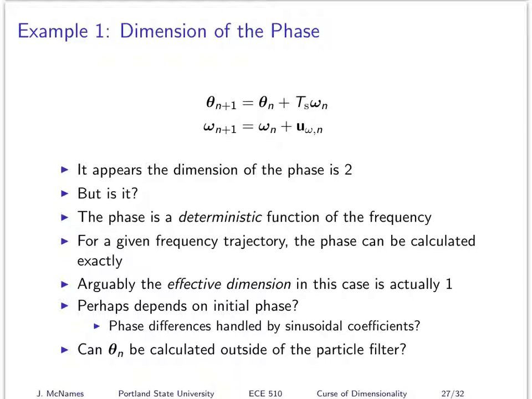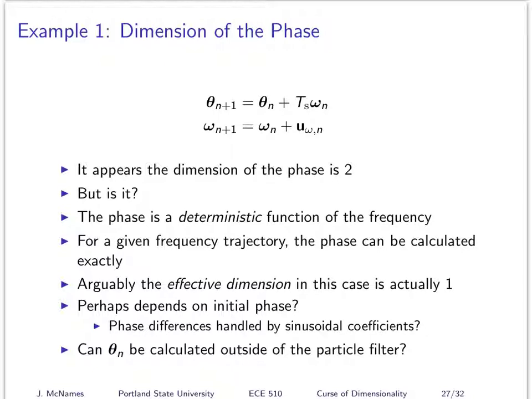I don't know if it's really necessary to estimate the phase as part of your state. Because this is a function of a random variable, and it's got memory to it, but there's no extra noise term here. And so arguably, even though this is nominally of dimension 2, since this is a deterministic function of this random variable, you could argue that the dimension of this state vector is effectively 1.